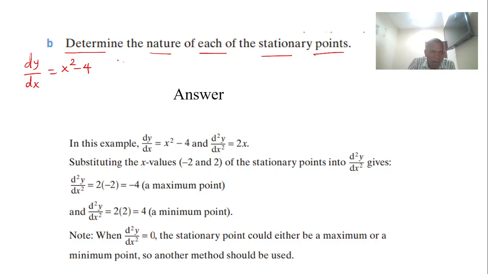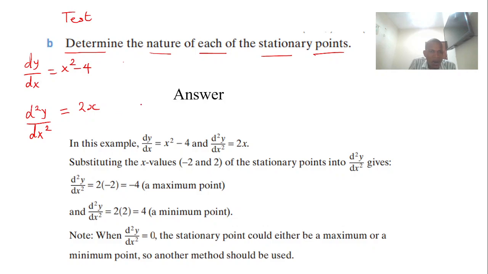So now we need that. I'm going to use the second derivative test. Which means I have to differentiate one more time. So I will get d squared y over dx squared equal to what? Differentiate this again. You are going to get only 2x, because 4 is a constant. So I have only 2x.